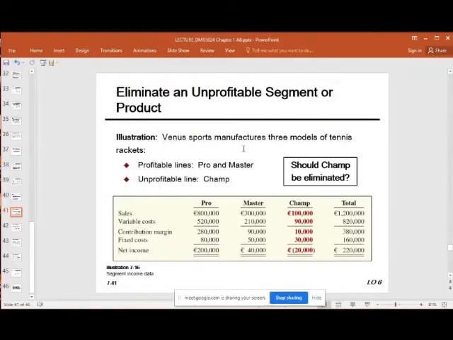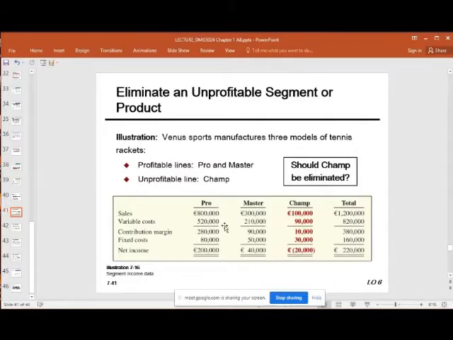Venus Sport manufactures 3 models of tennis racket. The profitable lines are Pro and Master. So you see here, how to get contribution margin? Sales minus variable cost, you get contribution margin. Contribution margin minus fixed cost, you get net income.